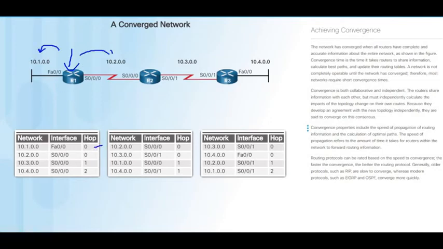To reach this network, how many hops? 0. Why? Because they are directly connected. Now, in order for R1 to reach the 10.30 network, how many hops does it need? Correct, you need one hop.